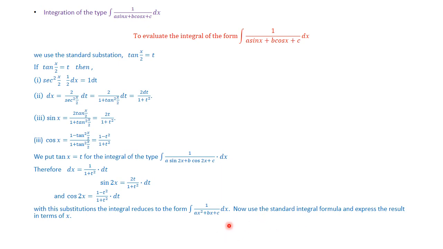Then, reducing it to a complete square form, it reduces to a special type of integral form, and using standard formulas we will have the result. Now the result is in terms of t, but we want to express it in terms of x. So by back substitution, replace t by x, and we will have the appropriate answer.